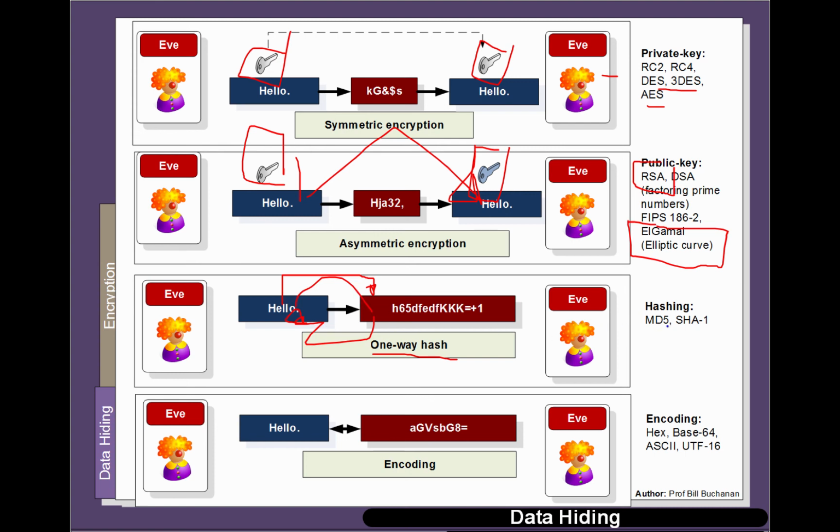MD5 and SHA-1 are two common hashing methods. And then finally, we can use encoding, of course: hexadecimal, base64, ASCII, UTF-16, and so on, all different encoding formats that we can use to represent our binary data in some form that a system can understand.